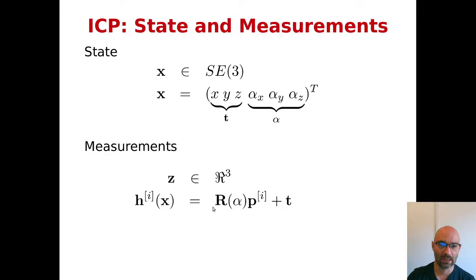I could explode this function here in Rx of alpha x times Ry of alpha y times Rz of alpha z. And everything multiplies p. Now, it's a triplet of matrices that multiplies a point. And each of these matrices is influenced by only one component of the state. The first angle, the second angle, or the third angle, depending on the number of matrices.